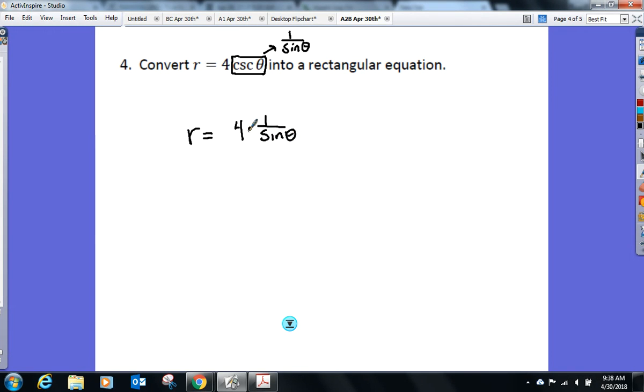Can you clean that up? That's what I'm asking for. Not 4 sine theta. 4 over, numerator times numerator, denominator times denominator.